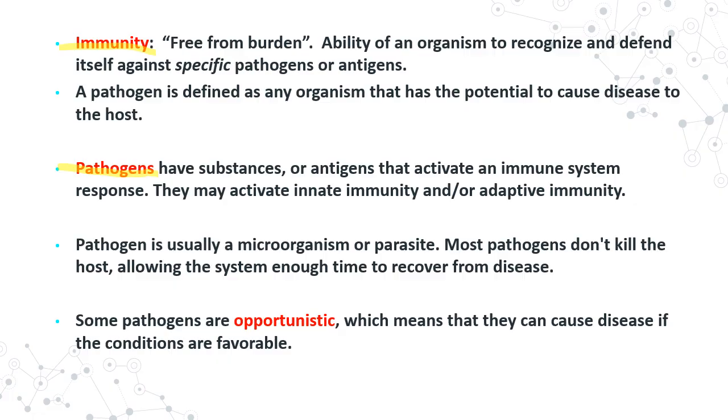Then you have your opportunistic pathogen that usually doesn't cause disease, but will cause disease if given the chance. And I had mentioned the commensals, right? I forgot to mention here. Commensals are your friendly bacteria.